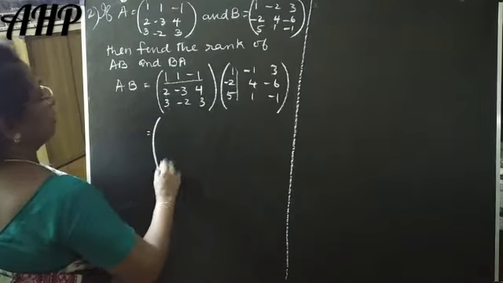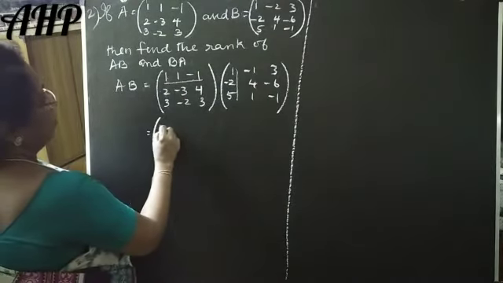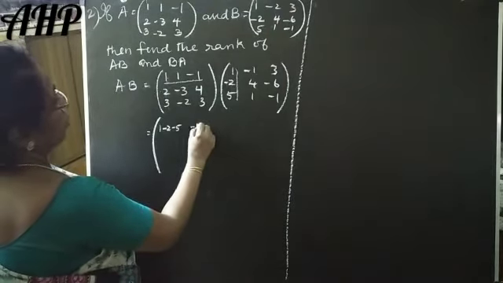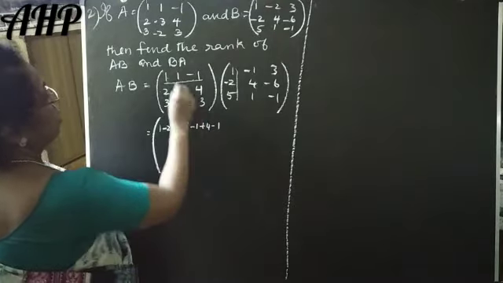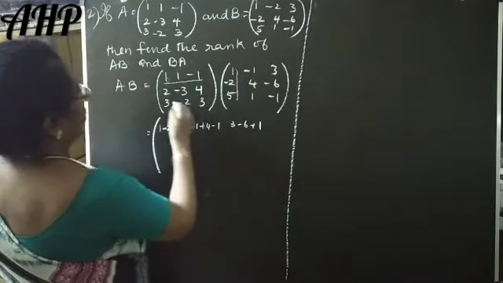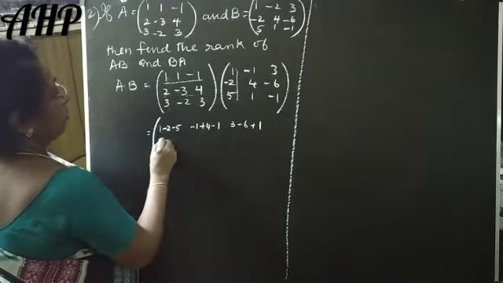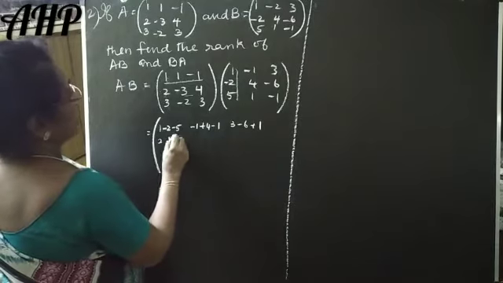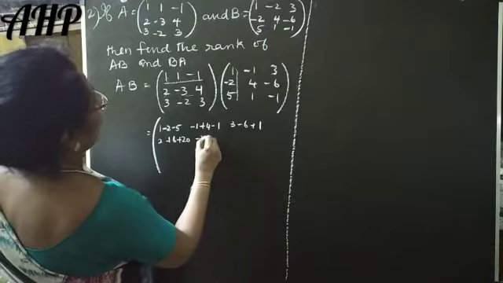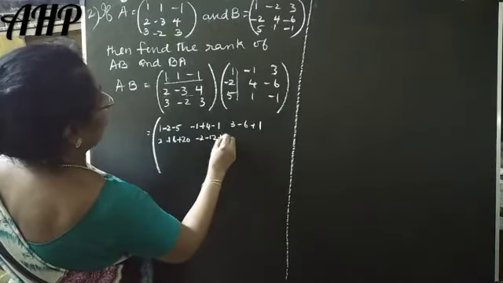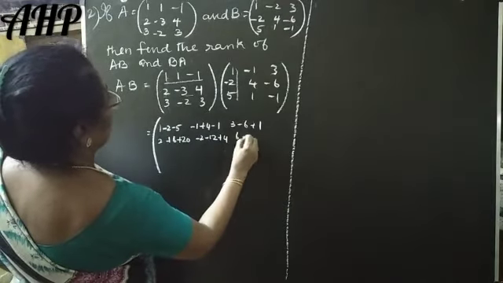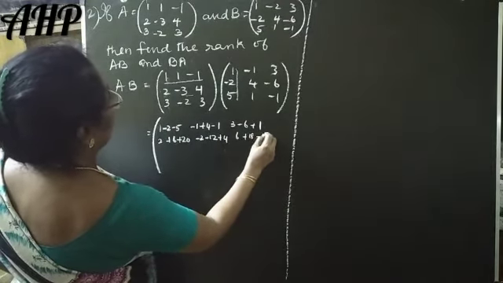So this is going to be 1 minus 2 minus 5, then minus 1 plus 4 minus 1, then this with third column 3 minus 6 plus 1. Then second row with first column 2 plus 6 plus 20, then minus 2 minus 12 plus 4, then 6 plus 18 minus 4.